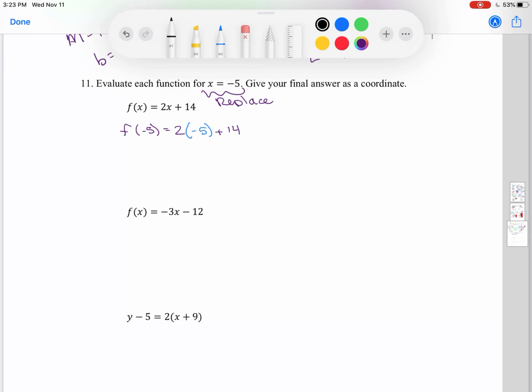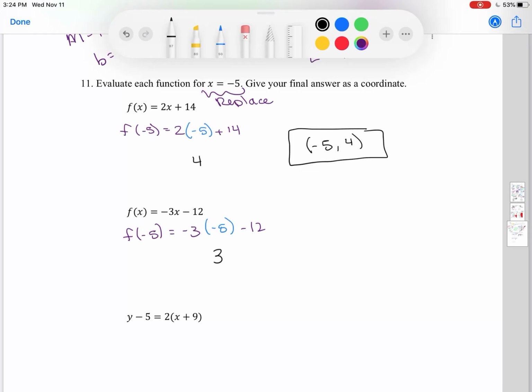So for this first one, it's going to be f of -5, because we're replacing x: 2 parentheses, again replacing x, 2 parentheses -5 plus 14. Type that into my calculator, and we should get a nice positive 4. Remember, I want your answer as a coordinate, so you're going to say -5 for your x, and your y will come out as positive 4.